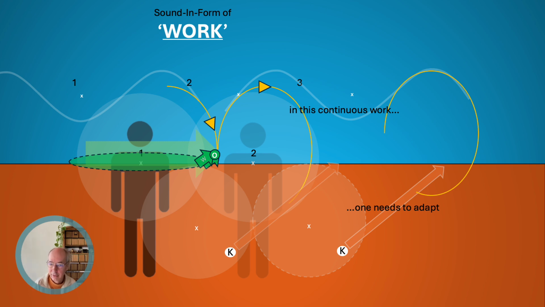And within this continuous work, within this rhythm of engagement, where the W is already a kind of balance and balancing out, it needs to adapt again and again, and its rhythm has to adapt to where we can receive results, how much we know these things, how much we do not know these things. It's a constant adaptation, and this factor of work has this aspect as well, and that's important to know.